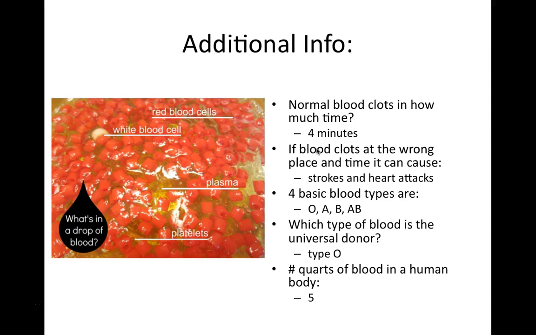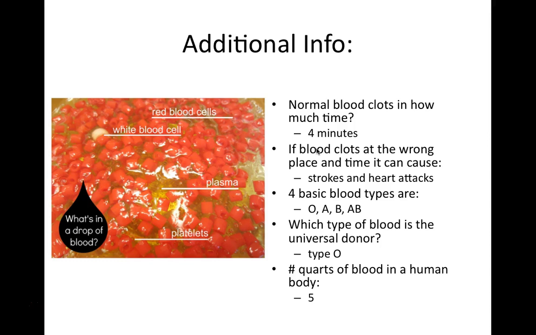Do you know what blood type you are? What type of blood is the universal donor? Type O. And then what is the amount of quarts in the human body? 5.